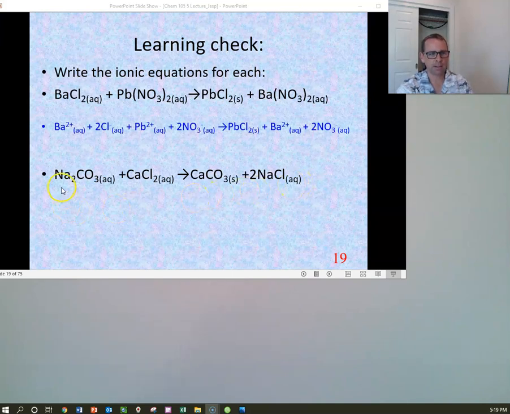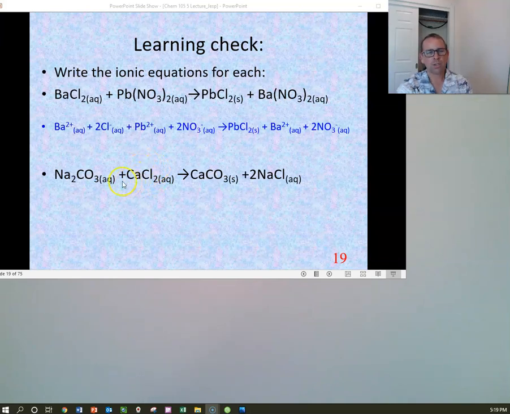Because this is aqueous, there's no sodium carbonate. It's really two sodium ions and one carbonate ion. And there's no calcium chloride. It's really one calcium ion and the two there showing us that we have two of these chloride ions.